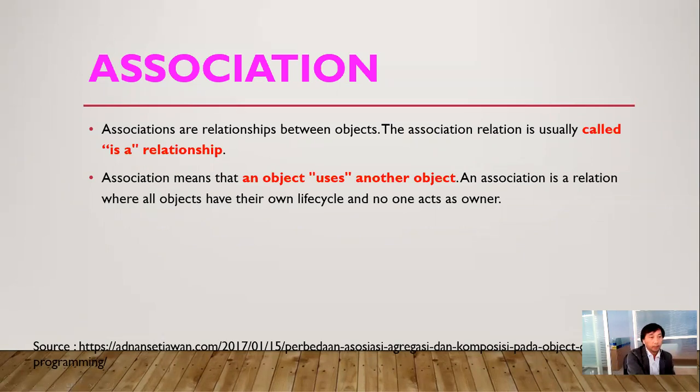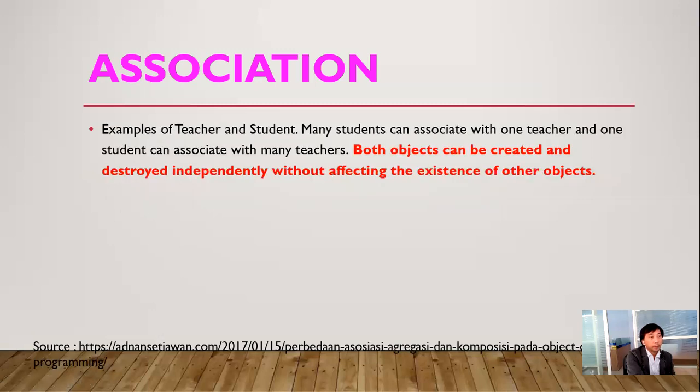Okay, and the example would be like a teacher and student. Many students can associate with one teacher, and one student can associate with many teachers. Both objects can be created and destroyed independently without affecting the existence of other objects.